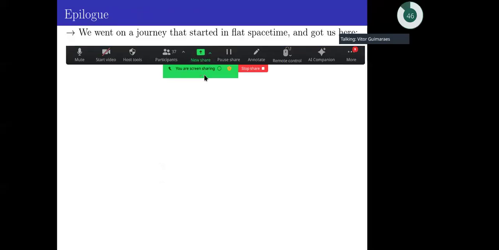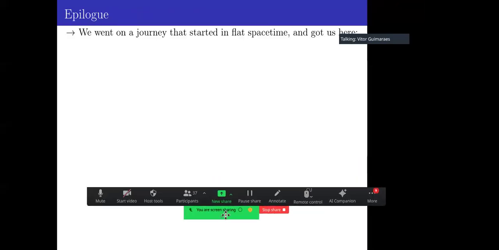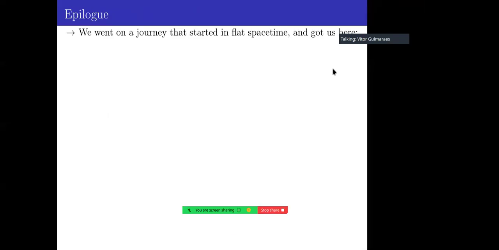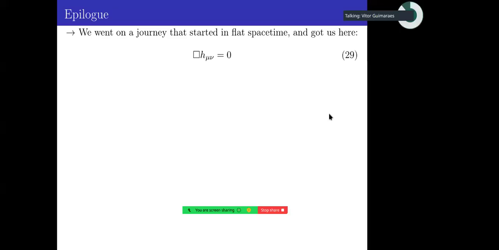So here we end our journey. We went on a journey that started in flat space-time, and this journey through flat space-time got us here. So we found out that, oh my God, a perturbation on the geometry of space-time propagates, altering the geometry of space-time as it passes by.